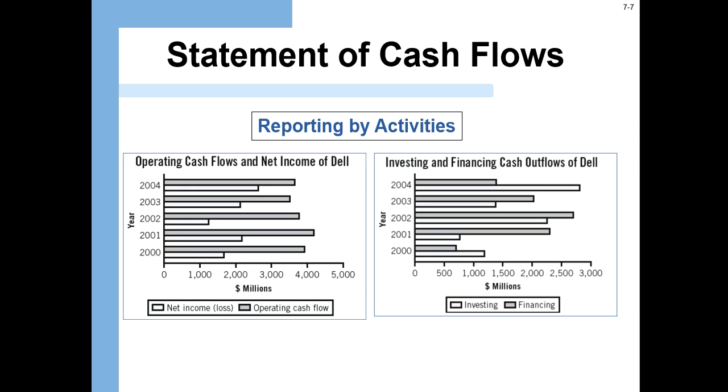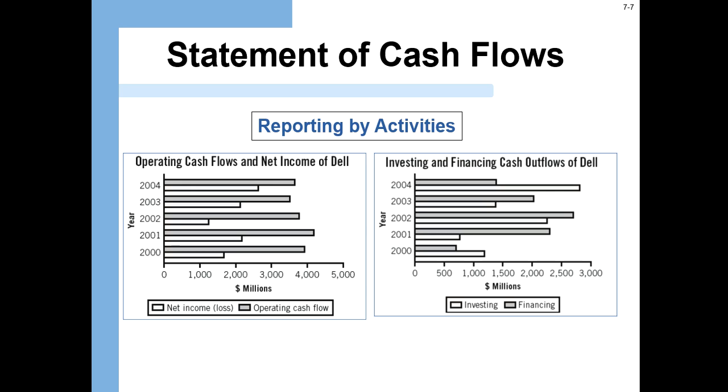So what about investing and financing cash flows of Dell? As we see, this changes over time.